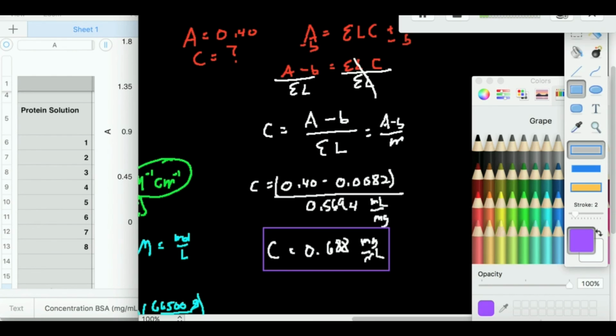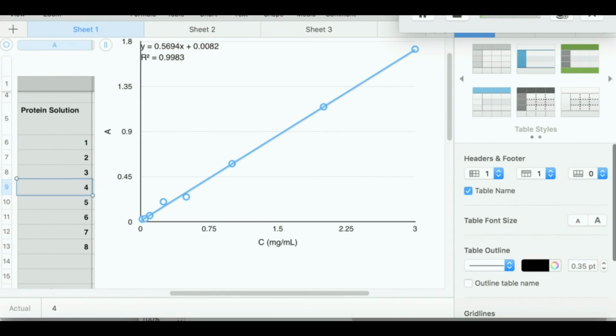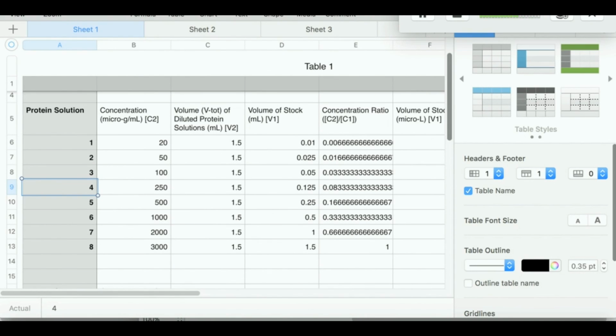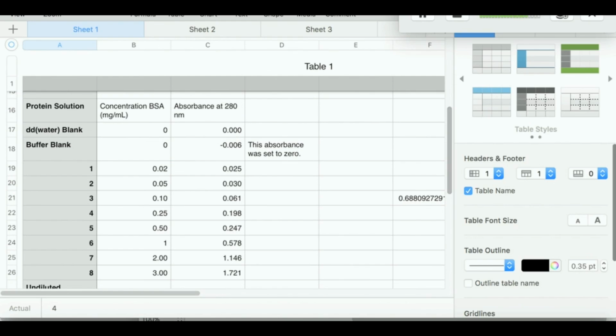Now, before I let you go on this, there's a couple caveats that you have to understand. When I say an unknown sample, notice here, I was measuring bovine serum albumin, BSA, for the curve. The unknown sample still has to be BSA. It can be an unknown concentration, but it has to be the same compound.